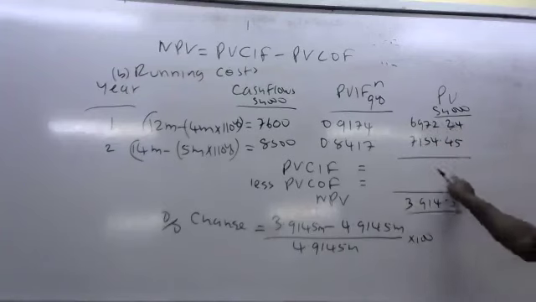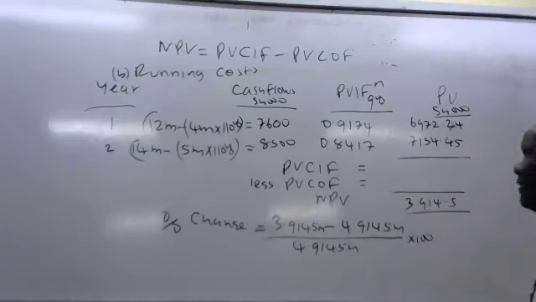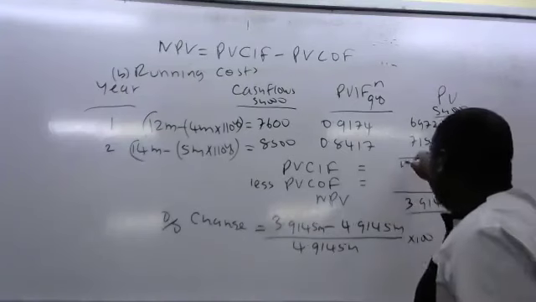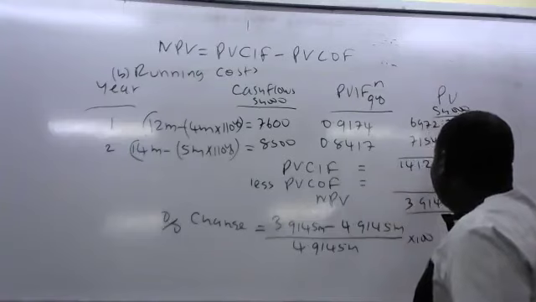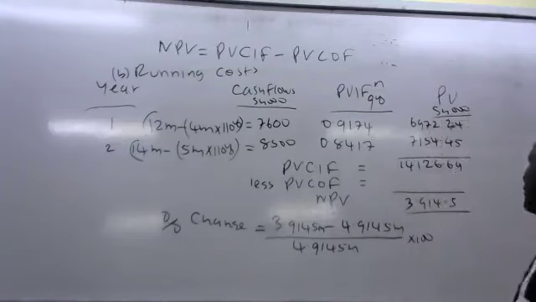So when you add them, they should give us 126.69. Sasa hii ingine tarudi what it was initially.